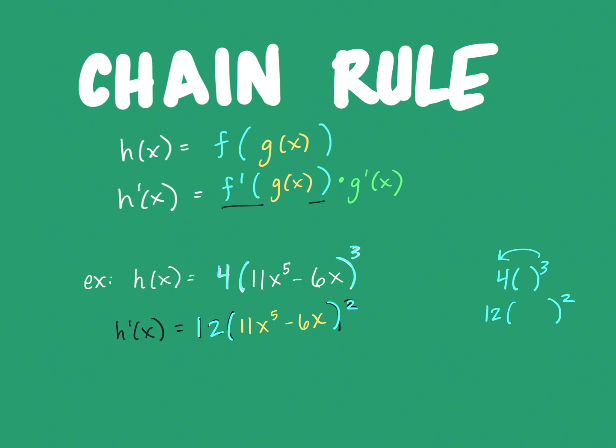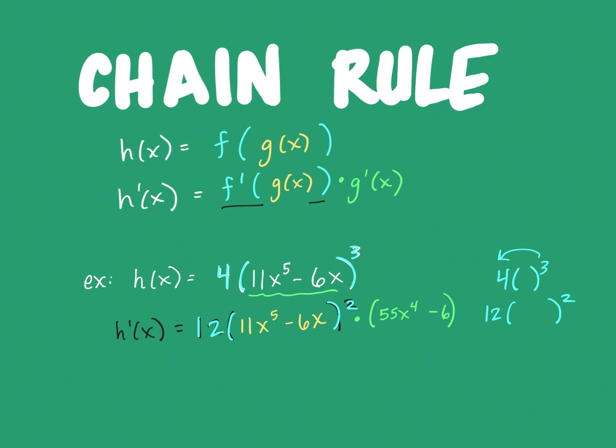And then I'm going to look at the inside function, and I'm going to multiply by the derivative of 11x to the 5th minus 6x, which is 55x to the 4th minus 6. Okay, and a lot of times you can leave it here. If you've got something super simple at the end and super simple at the beginning, of course, combine those if it's easy. But otherwise, you can just leave it here, and this is our answer.